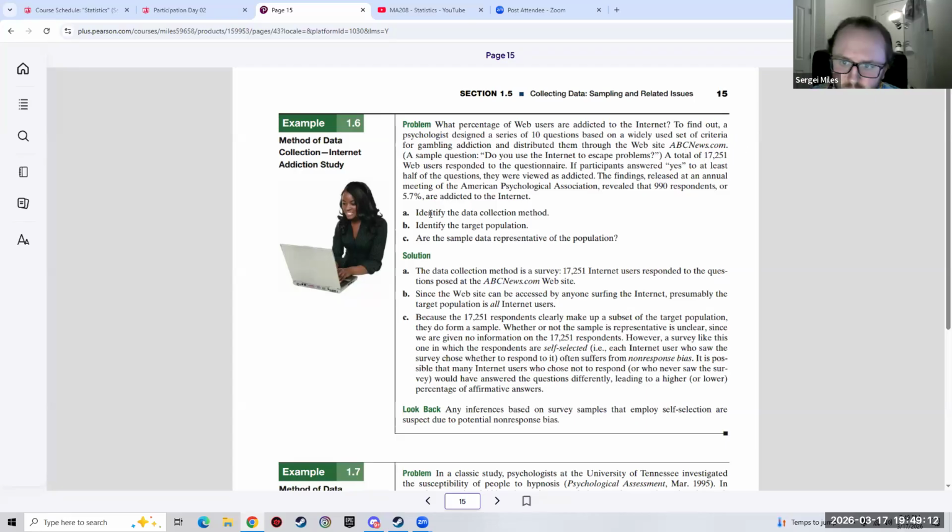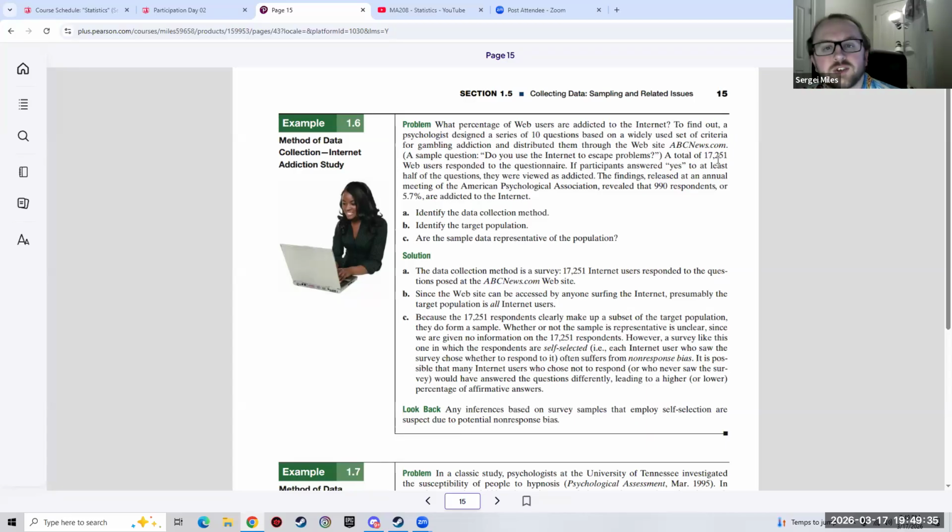As we identify the data collection method, this is a survey, right? This is observational. They're not trying to control what's happening to these people. They just want to collect information from them that's being reported, all right? Target population, we're looking at these internet users as a whole. But again, these are only internet users which are on this website.